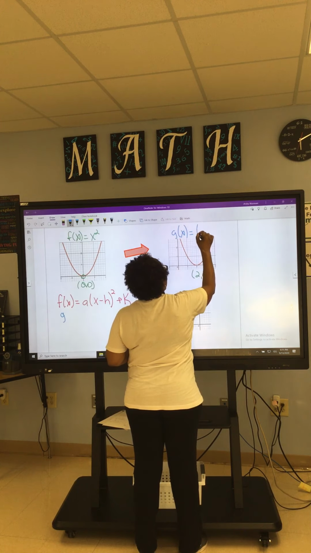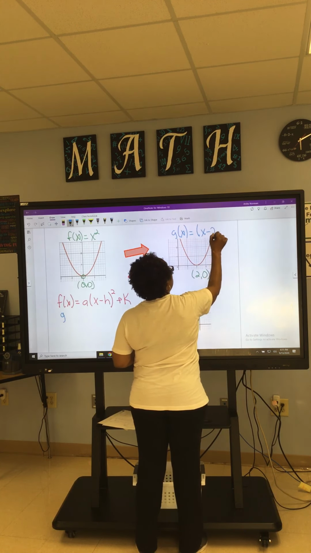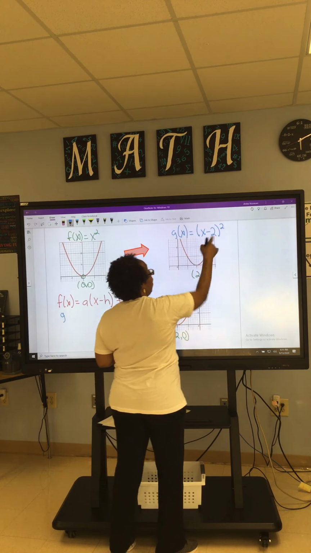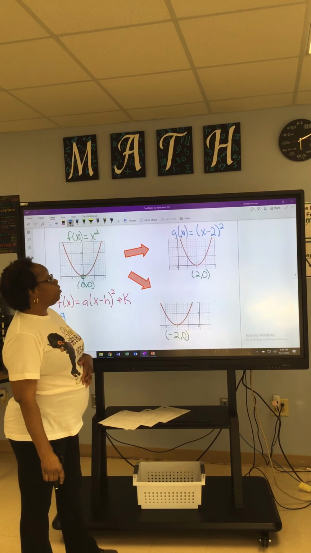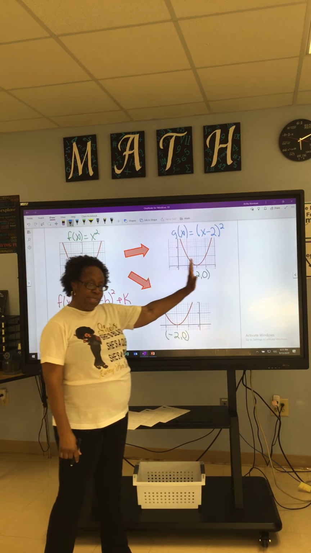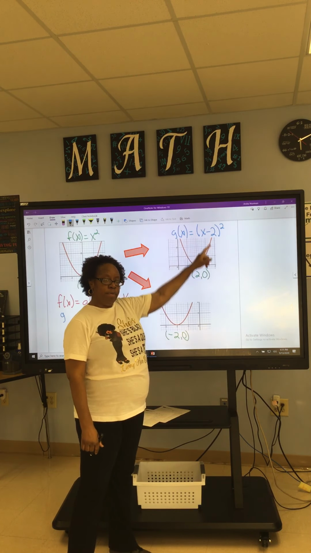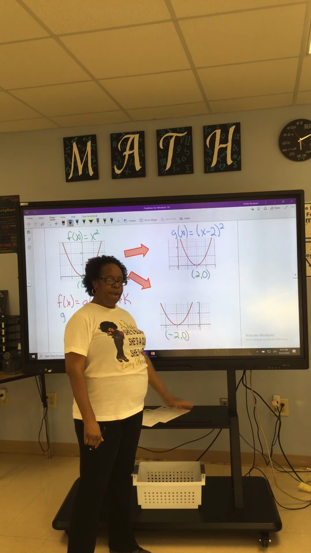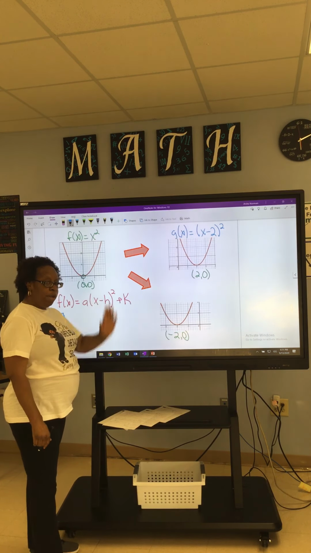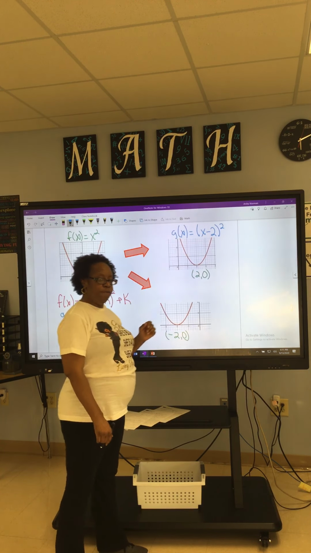But if I put in x minus, I'm going to plug in the h, 2, and of course k in this case is 0. So that's what the equation looks like. So for when it goes to the right, shifting to a positive side, the equation is going to have a minus that number. Think about it. I plugged in a 2. The minus is part of the formula. So when you plug in the 2, that doesn't change. So it's minus 2 for a right shift.